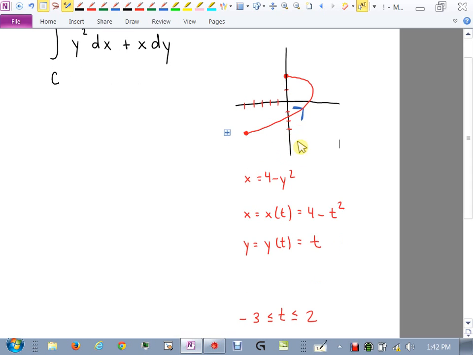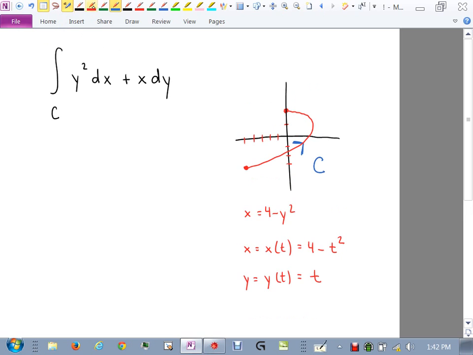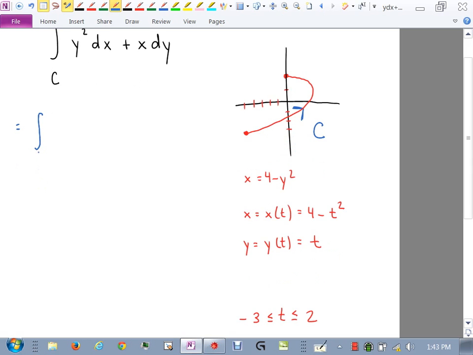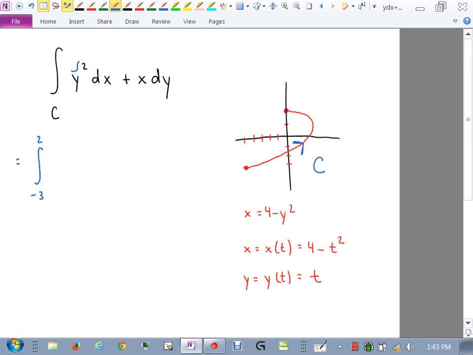Okay, let's go for this. This is going to be C, this path. So what do these two integrals become? The first one, integral from -3 to 2, right? And then y squared. y squared is t squared.